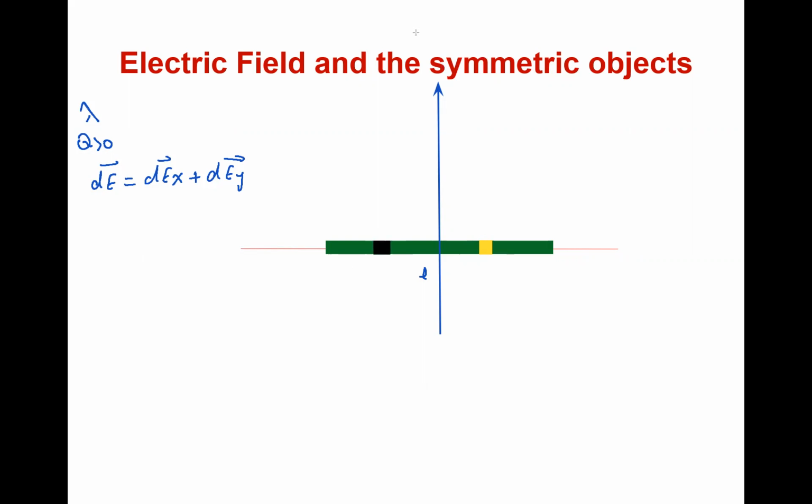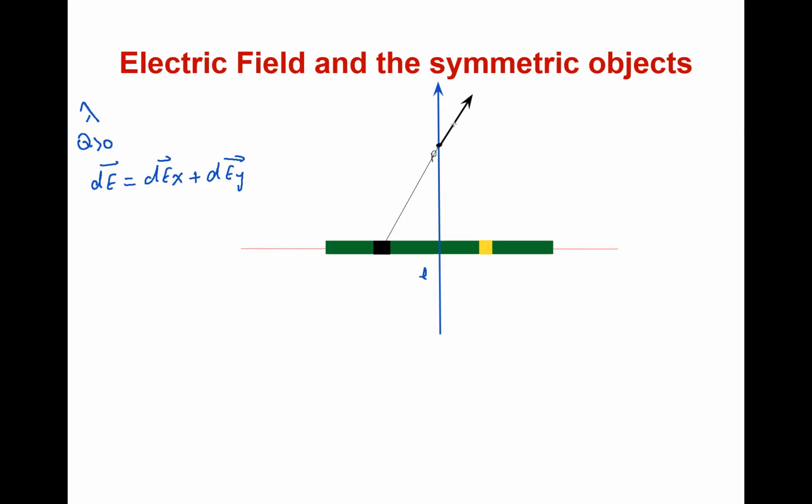For the black one, I want to calculate the electric field at the point P. So the black one will create at the point P a field like this.